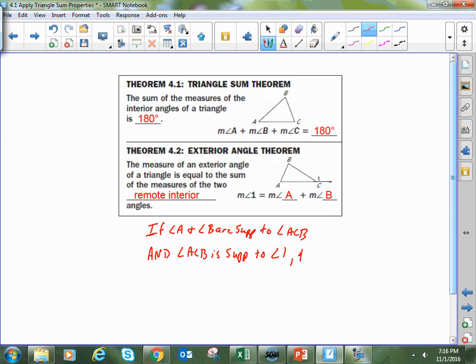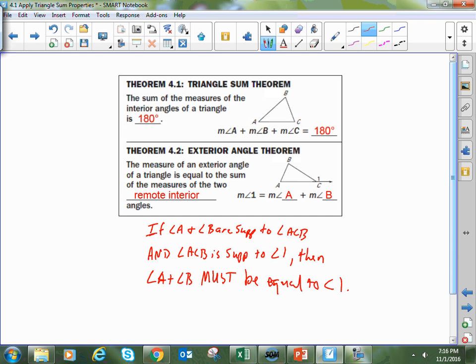All right, so then angle A plus angle B, I can't spell for anything today, must be equal to angle 1. That's the only way it's possible.